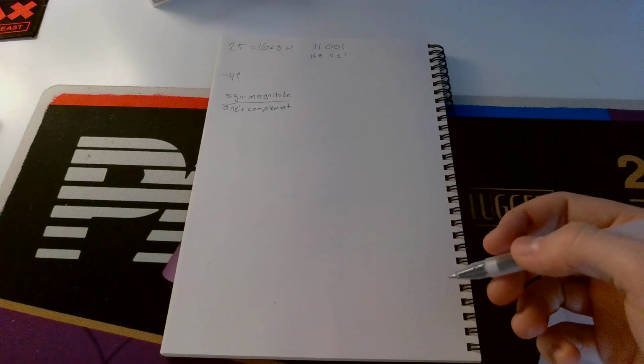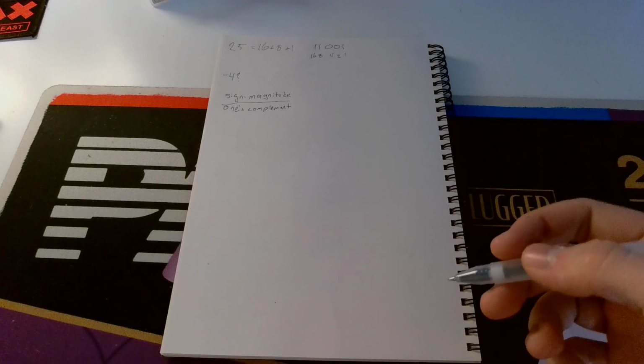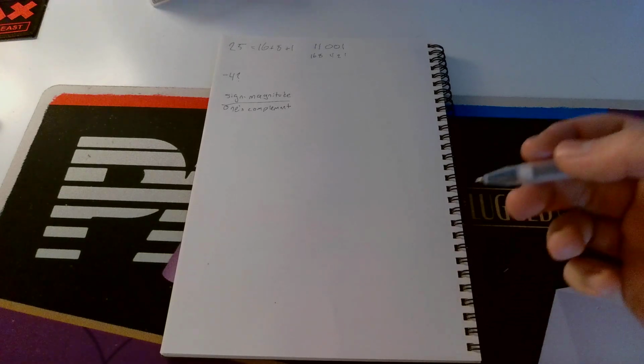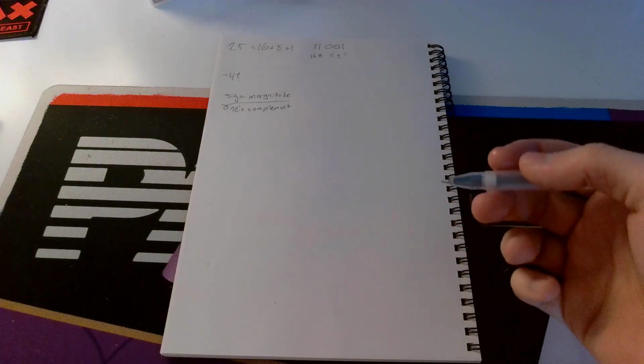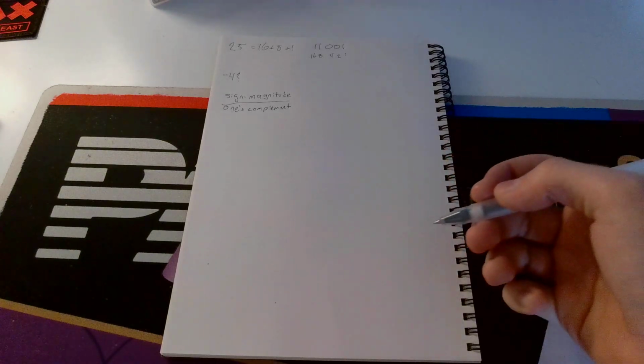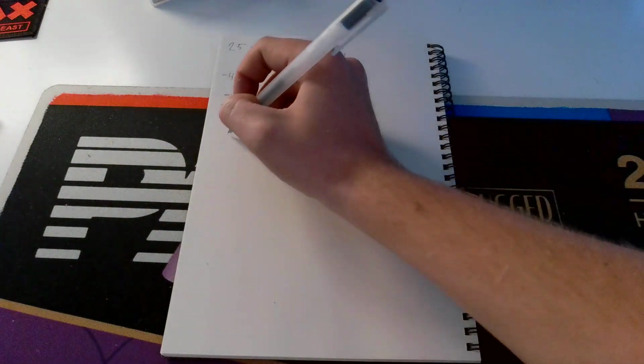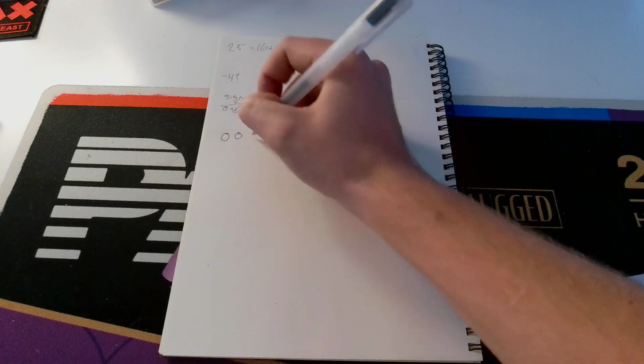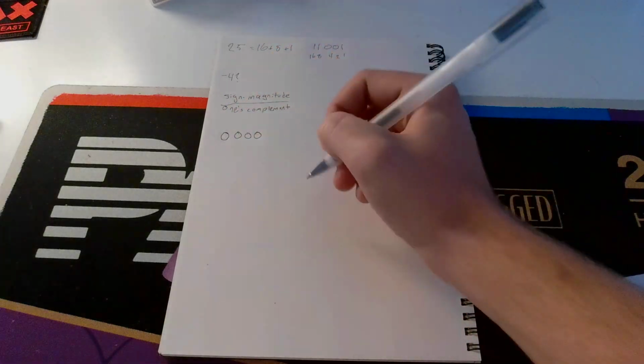In sign magnitude notation, the leftmost bit of the binary number, or the bit that has the greatest value when the amount of bits is fixed, is now used as something called the sign bit. So, because we're only using 4 bits here, let's start with 0, 0, 0, 0.